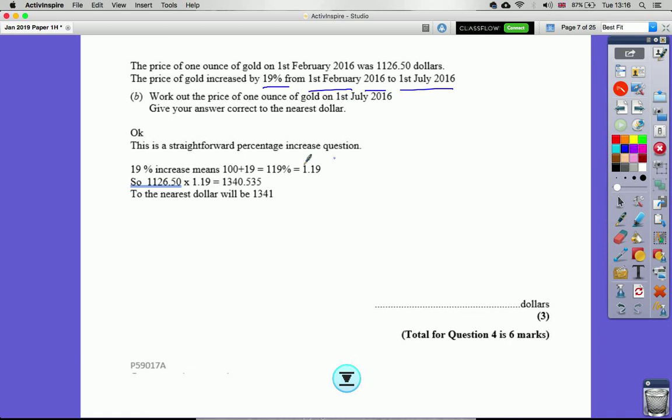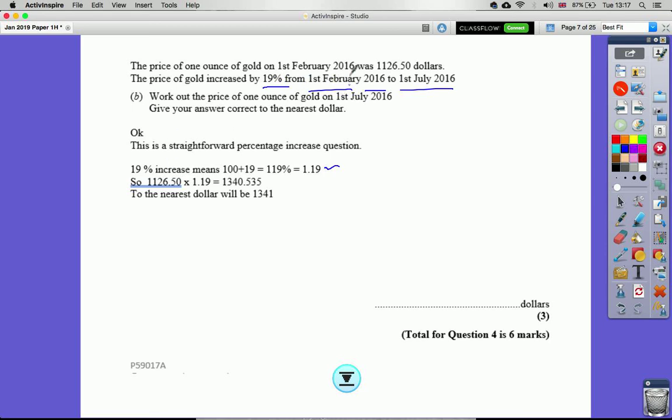This is a straightforward percentage question. A 19% increase means 100 plus 19, which is 119%. As a decimal, it's 1.19. The information given was that the price of 1 ounce of gold increased by 19% from February to July.